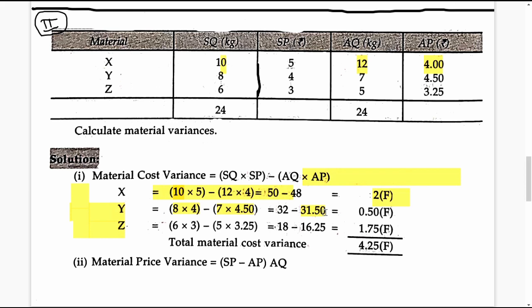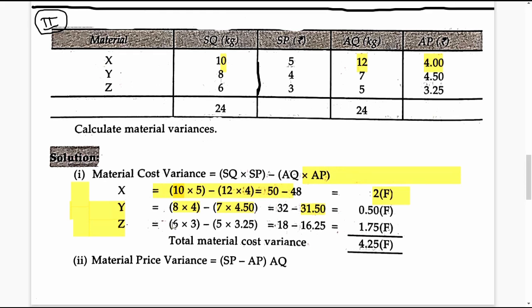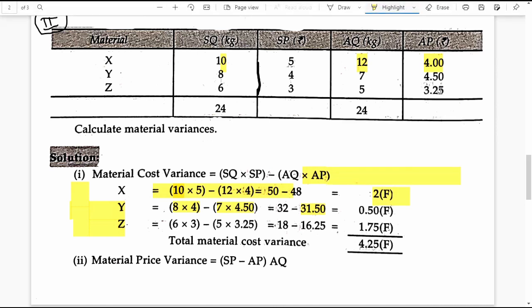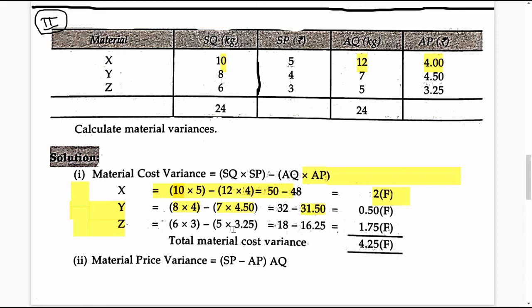Then Z, the standard quantity is 6 into standard price 3 minus the actual quantity 5 kgs into actual price 3.25 per kg. If you simplify this step, you get 18 rupees minus 16.25. Here also the actual cost is lesser than the standard cost by 1 rupee 75 paise, therefore the answer is favorable. If you sum up all the 3 values, you get 4.25 rupees favorable. That's the answer for total material cost variance.